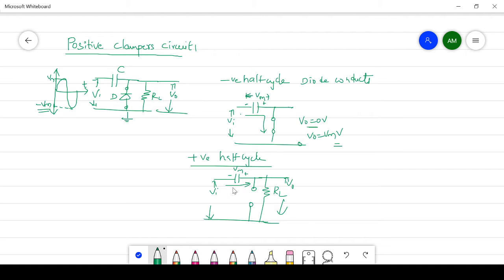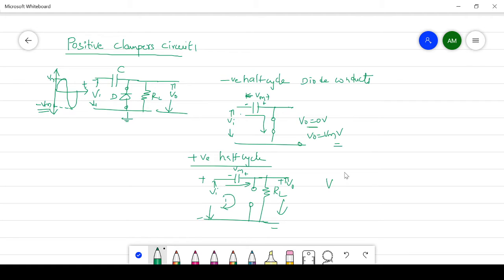So in this circuit it is like a simple RC circuit now. Apply KVL to this loop. This is the current direction.